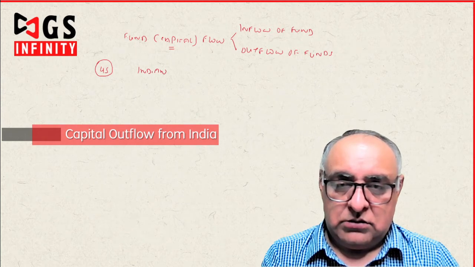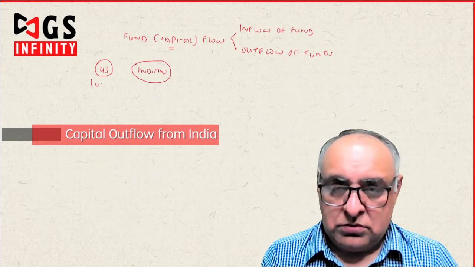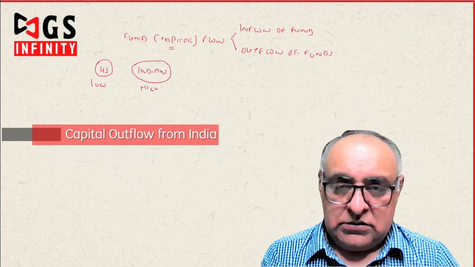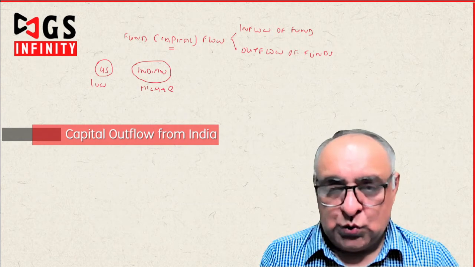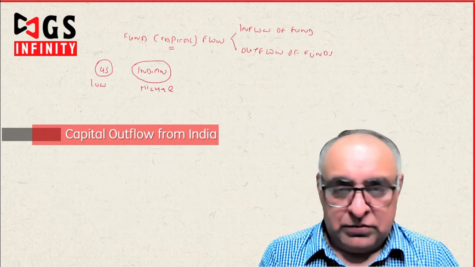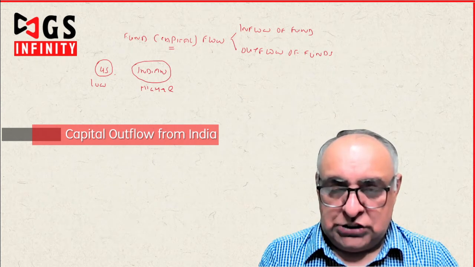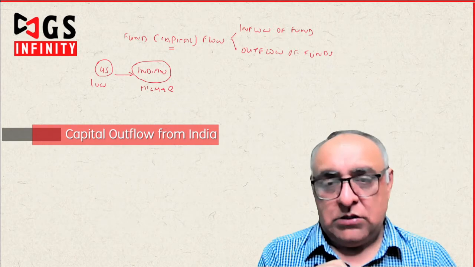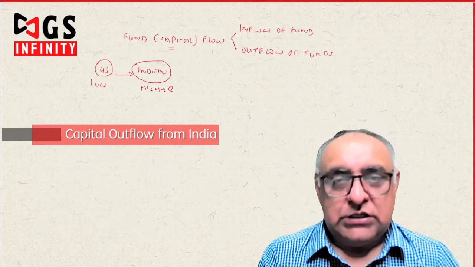When the rate of interest in the US market is low and it is higher in the Indian market, then the investors usually borrow money from the US market and shift that money for investment into India. So they invest it into India.